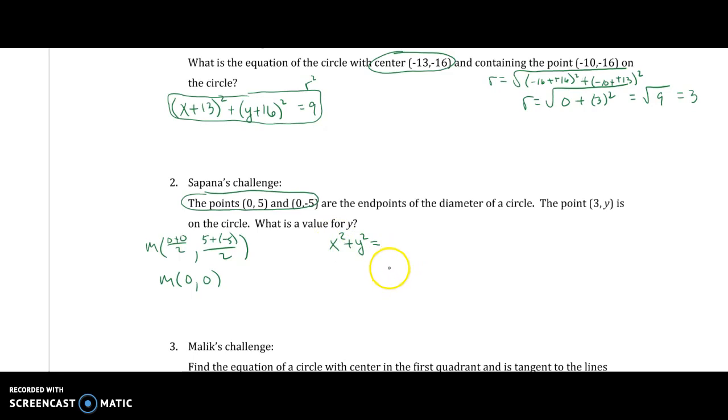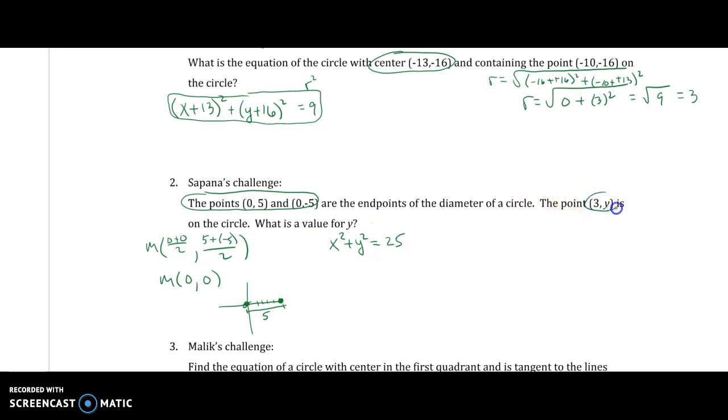Now I need the length of the radius. If the center is at 0, 0, the point 0, 5 is on it, so 1, 2, 3, 4, 5. What's the length of the radius going to be? 5, right? So this is equal to 25.